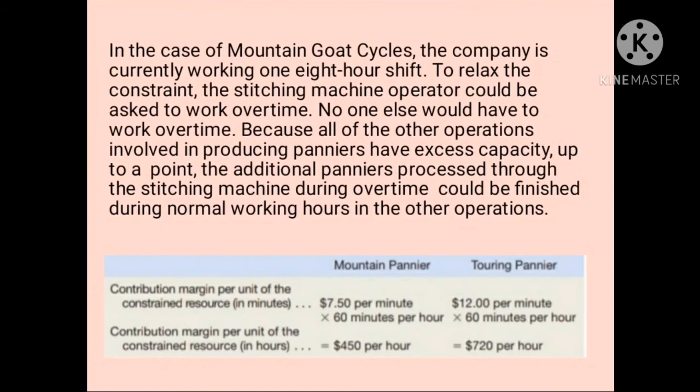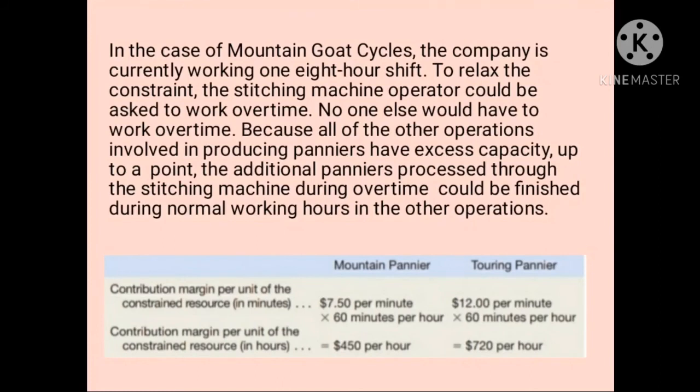The contribution margin per unit of the constrained resource in minutes for the touring pannier is $12 per minute. And in hours it is $720 per hour, because $12 per minute times 60 minutes per hour equals $720 per hour.